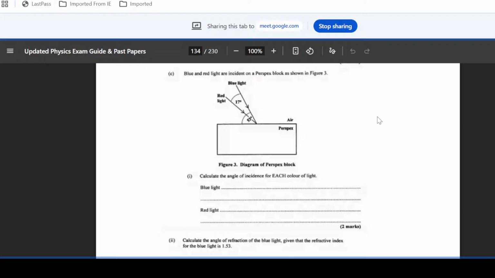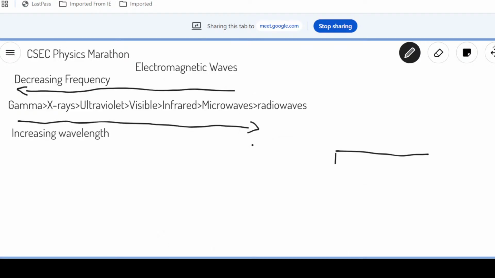All right, so you have to remember that in terms of angle of incidence, all the angles are measured from a normal. So if I attempt to draw a block, if you have a medium like this and light is hitting it at the top, the normal is just an imaginary line that's perpendicular, so it's at 90 degrees to the boundary.